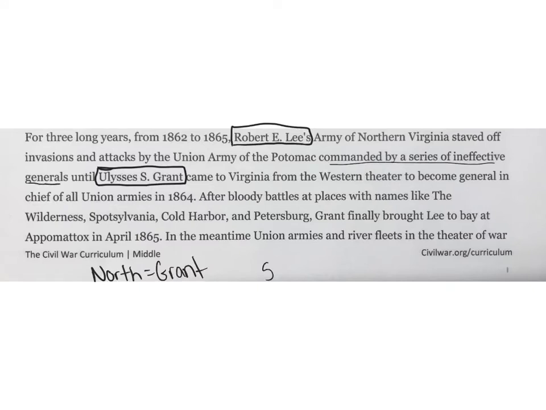And then in the South, they had Robert E. Lee, and they also had another general named Stonewall Jackson. A lot of the leaders in the South were strong military leaders because in Virginia, there is West Point Academy, and West Point still produces some of the best or most effective leaders of the military.